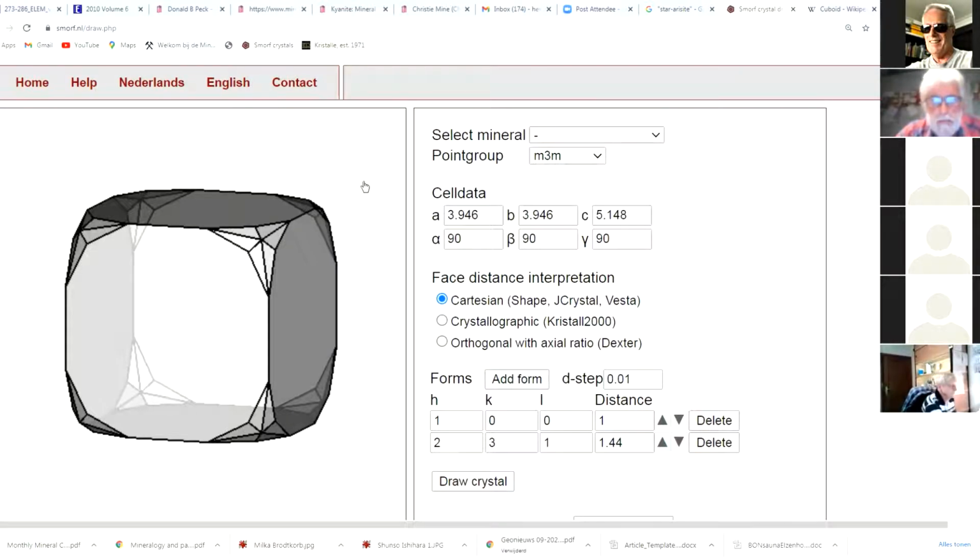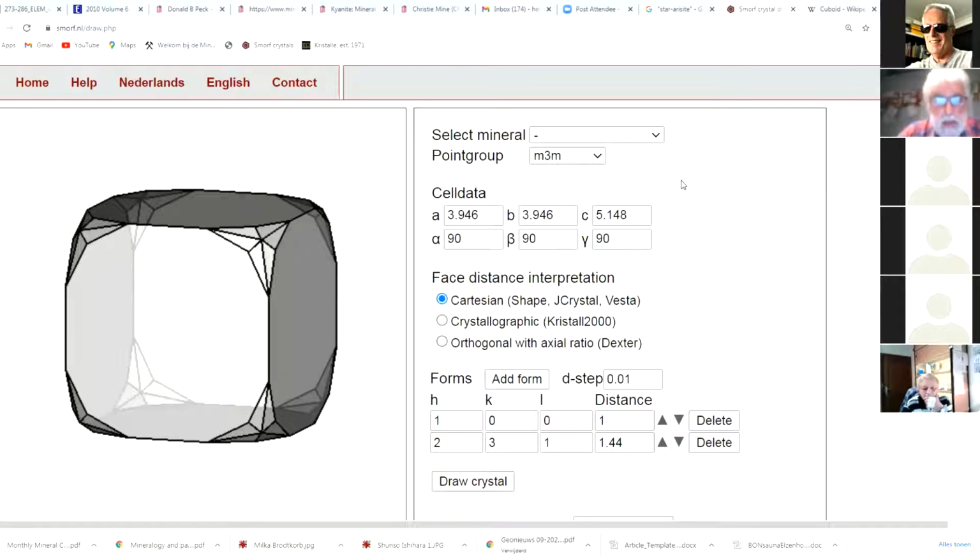So we'll start with the most logical choice, and that is to have a look at crystals that have a lot of symmetry first. So if you're looking for crystals that have a lot of symmetry, you find those crystals in the crystal system that is called the isometric crystal system, or sometimes also referred to as the cubic crystal system.